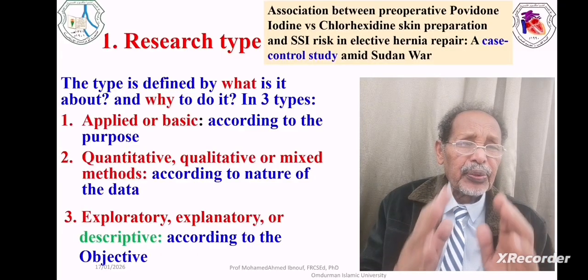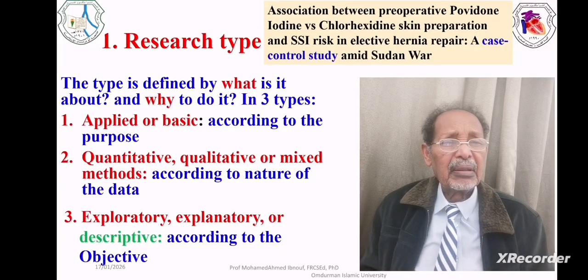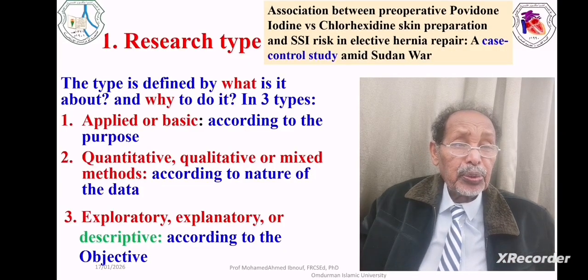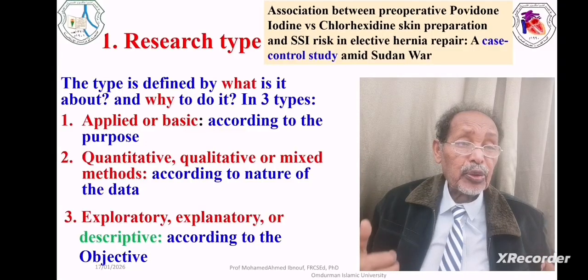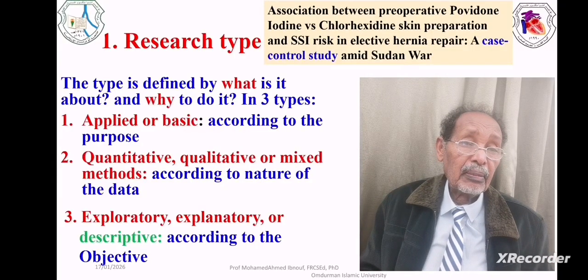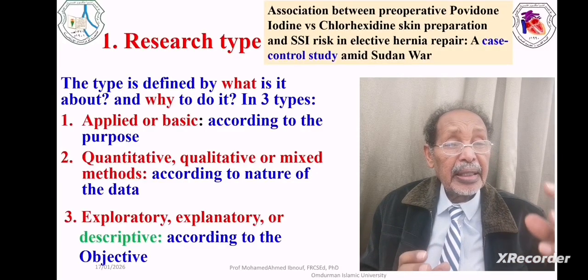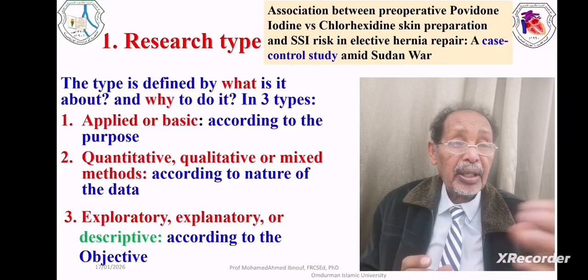And also most of the case control are retrospective usually. Although it mentioned case and control, usually there are 2 types of patients and we follow them. It can be prospective, but most of the time it is retrospective. And in fact, it can come out from a cohort study.